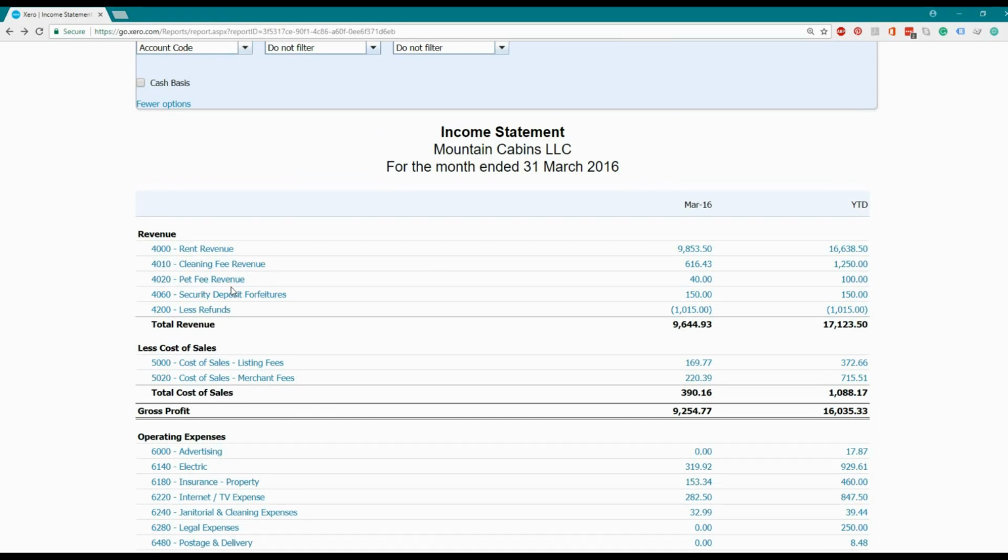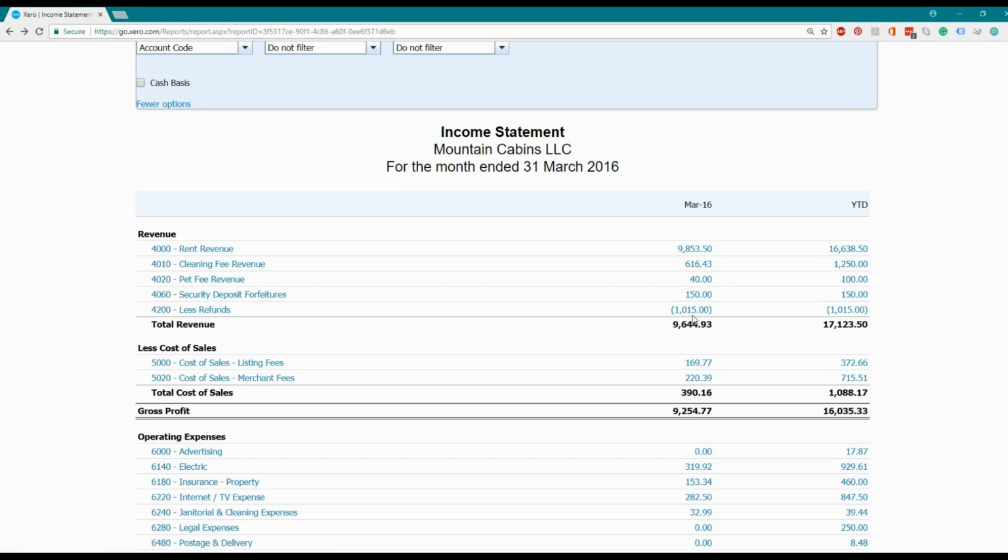You may see a section for discounts, and those are usually discounts that are given after the initial invoice is processed. Say you decide, I already charged this person $800 for their stay, but I've decided to give them a 10% discount now. Well, we would show a line here and it would have a negative, just like refunds, to show that you actually are not going to have that income anymore.